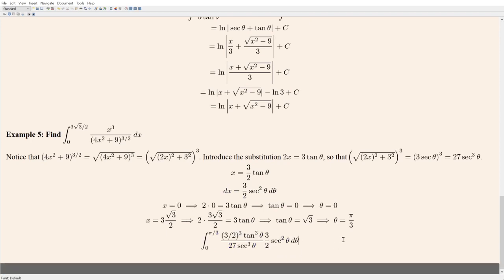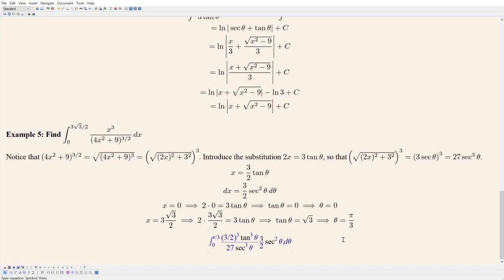Okie dokie. Now there is quite a lot of cleaning up that we need to do before we move on. So 3/2 cubed times 3/2, so that's 3/2 to the 4th power. And that's all over 27. So 27 is 3 cubed. So let's see, we have 3 to the 4th over 3 cubed. So we just have a 3 left over. And then on the bottom, we have 2 cubed times 2, so that's 16.